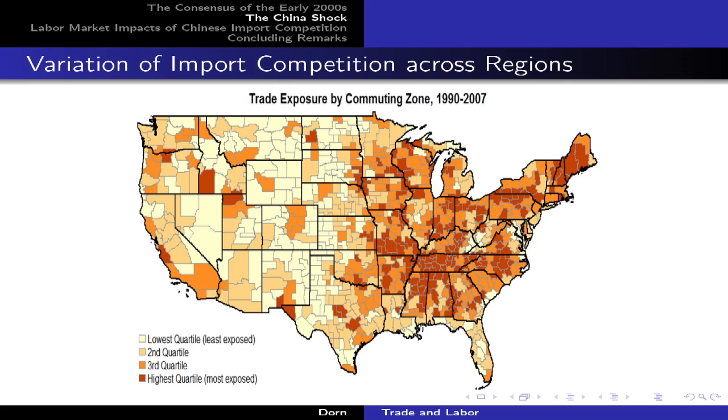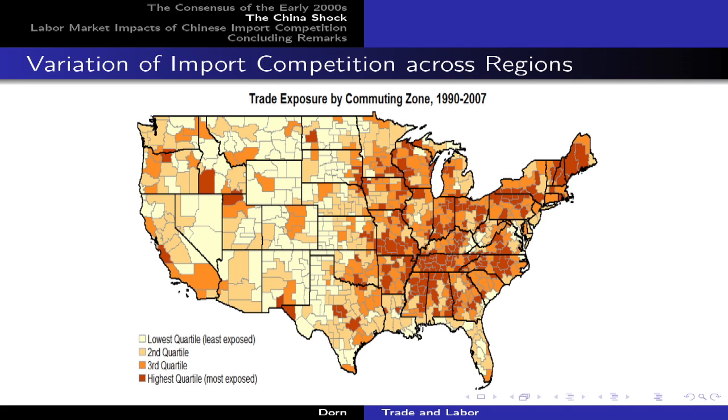In plotting that, we show with darker colors those areas that are relatively more specialized in those industries that now have received increasing Chinese imports in terms of competition.